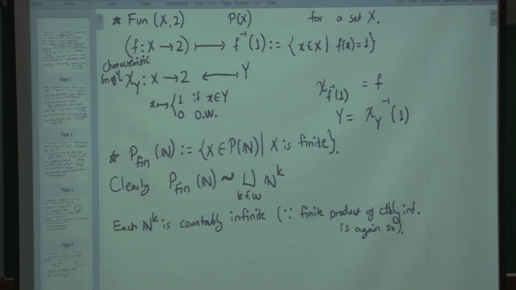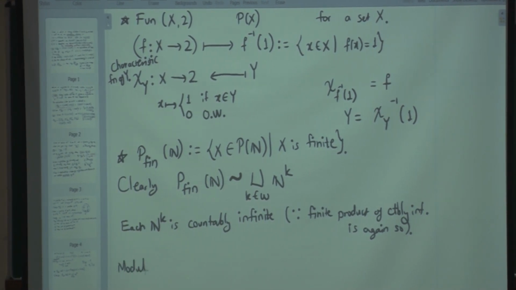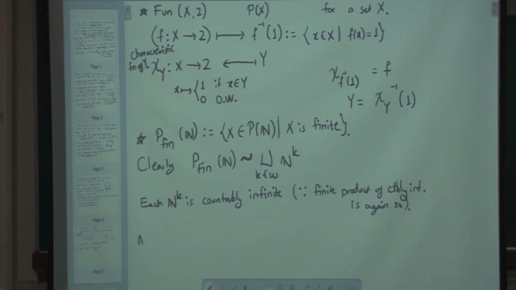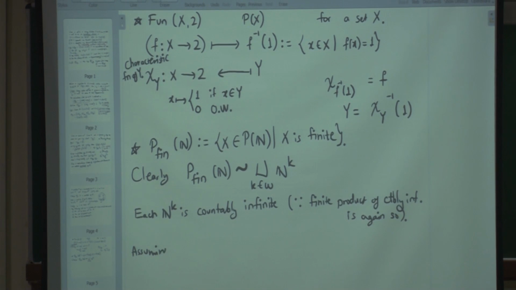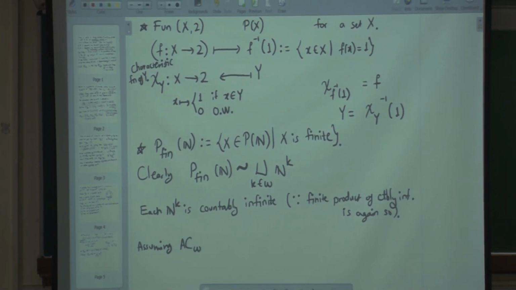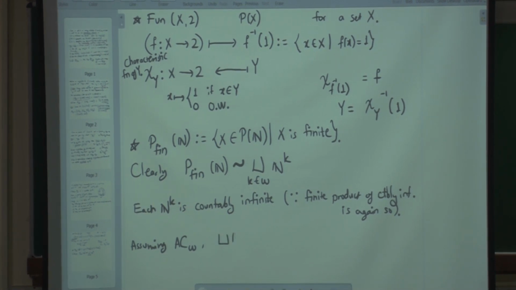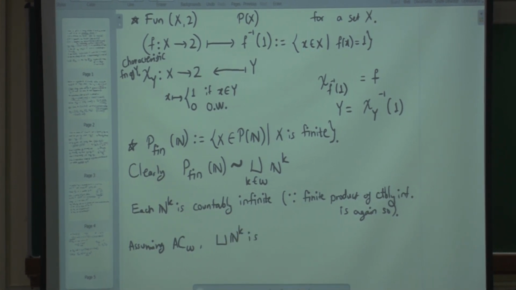So modulo, or assuming, maybe that's the better word, assuming AC omega, the countable axiom of choice, the disjoint union of n to the k is also countably infinite, and hence so is P fin of n.